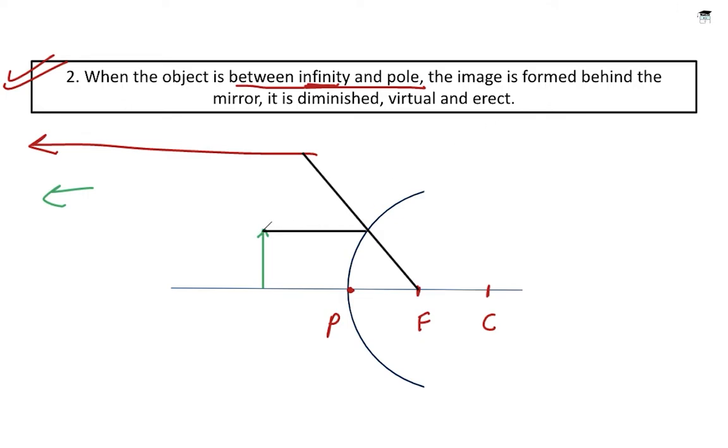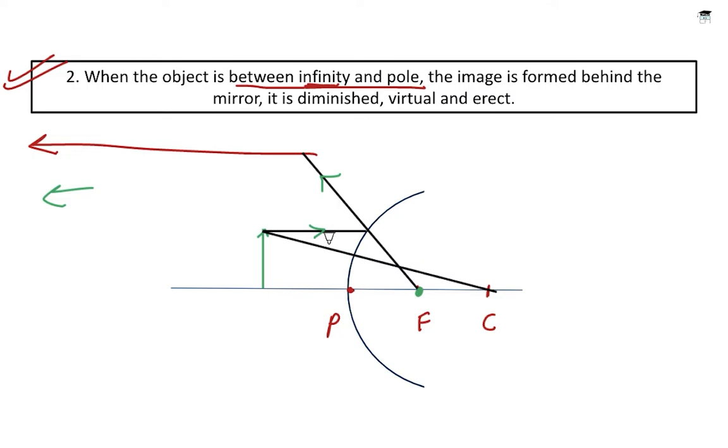The second ray I am going to take is the one which appears to pass through the center of curvature, and after reflection it is reflected back in the same direction. It reverses its direction. So the first one is parallel to the principal axis, and after reflection it diverges and appears to be passing through the focus.